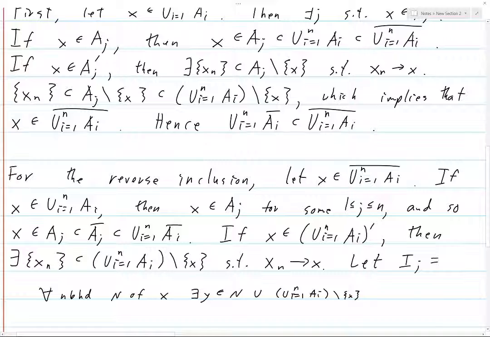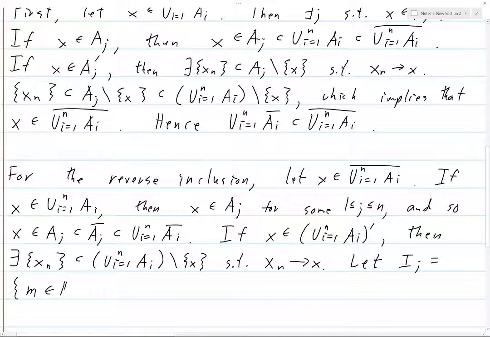So let I_j be the set of indices, let's say m in the natural numbers. Again, this set does not include 0. This is the set of indices such that x_m is in A_j. And this is, of course, for j between 1 and n.